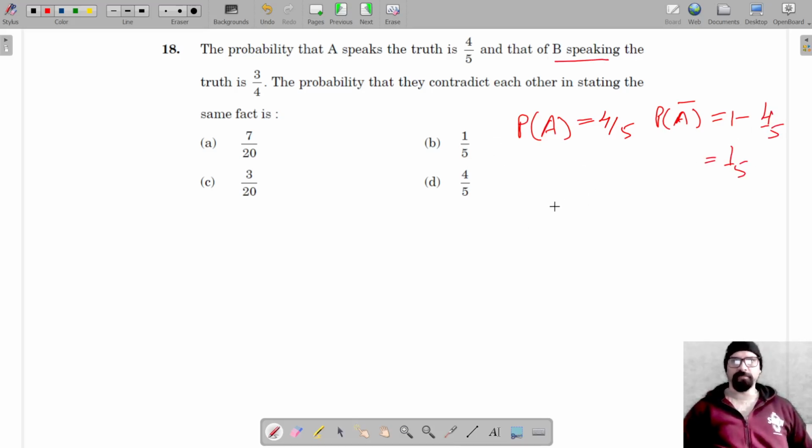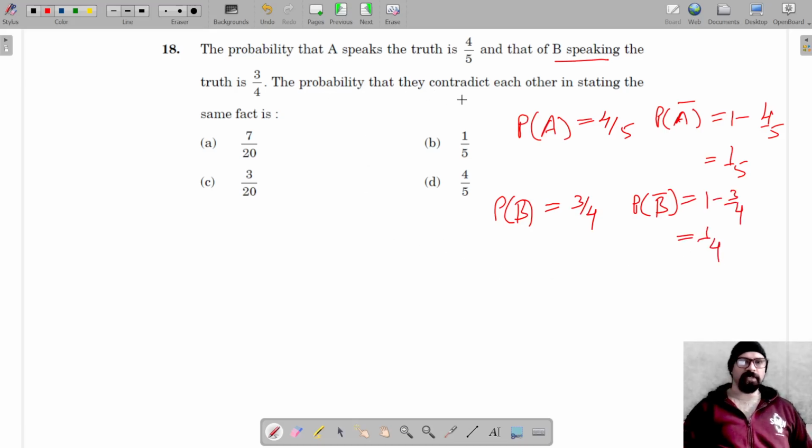And that of B speaking the truth: the probability of B speaking truth is 3 by 4, and the probability of B not speaking truth is 1 minus 3 by 4, which is 1 by 4.